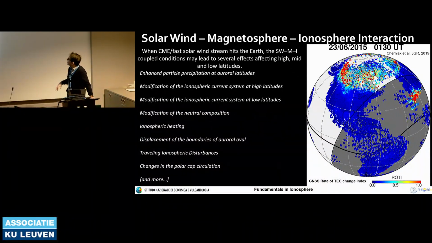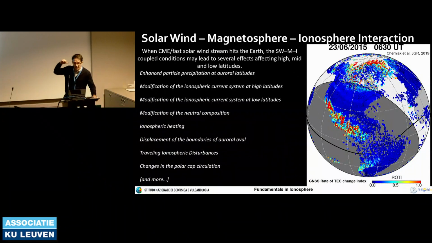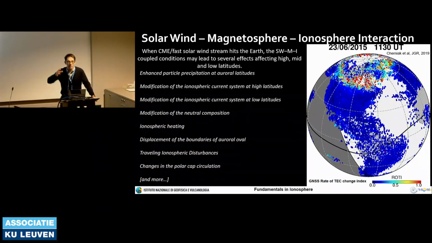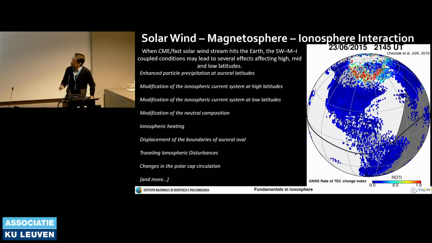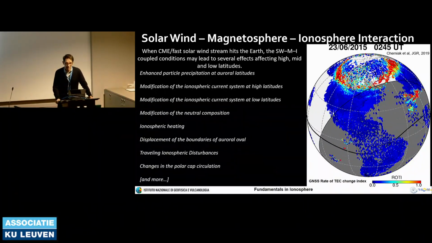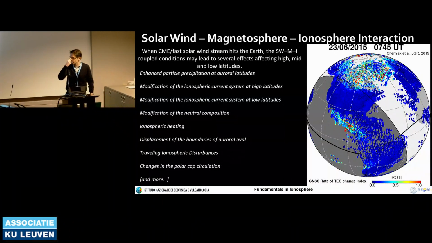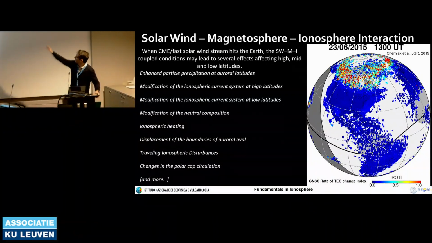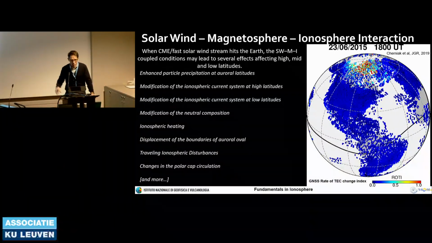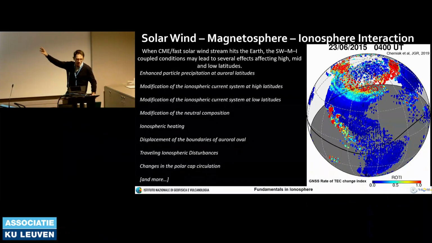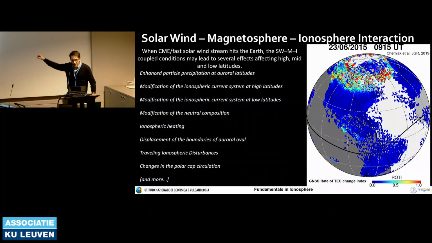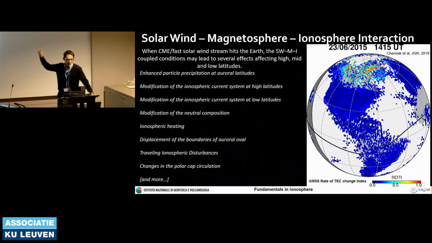Here there is an example. Again, this is the ROTI, the quantity I've mentioned before, so the variation of TEC, during the June 2015 storm, again one of the largest of the last solar cycle. There's no need to go into the details of what you see here, but there are many different phenomena affecting different parts of the ionosphere.